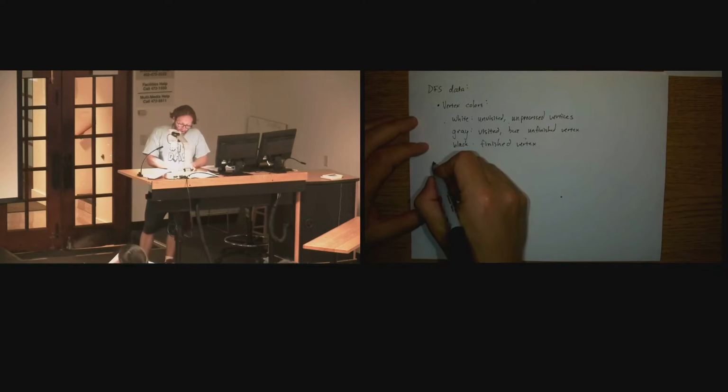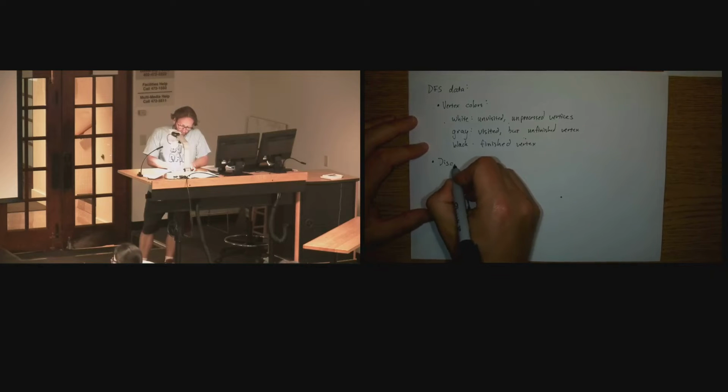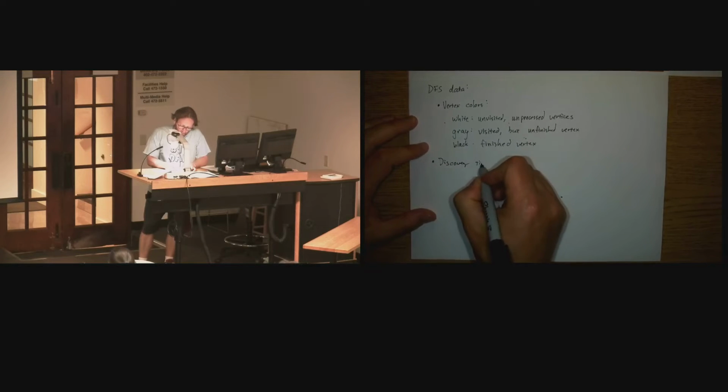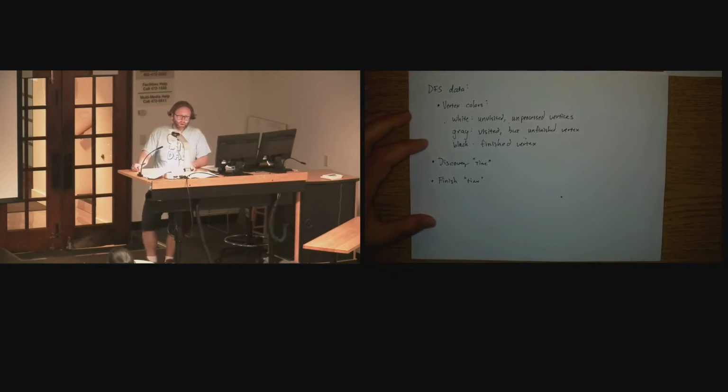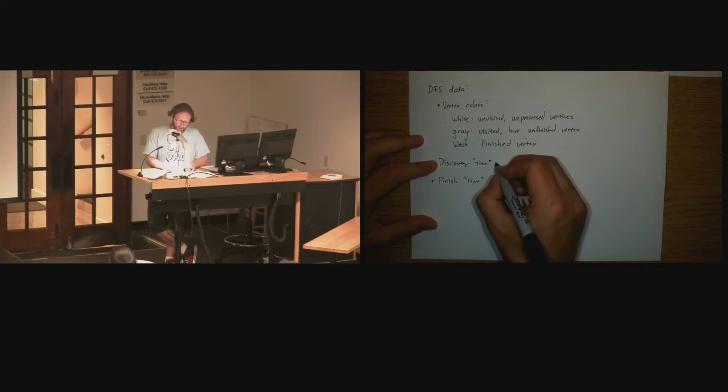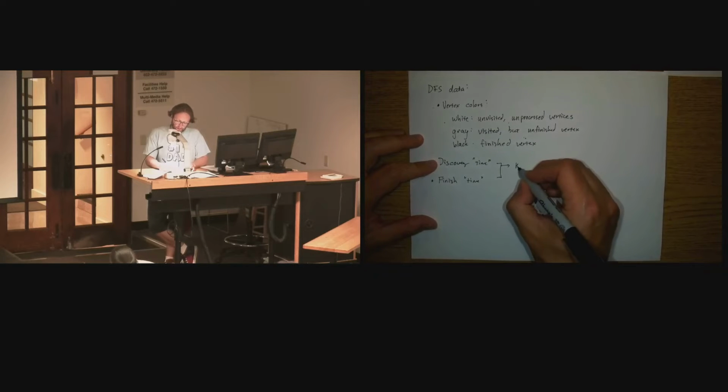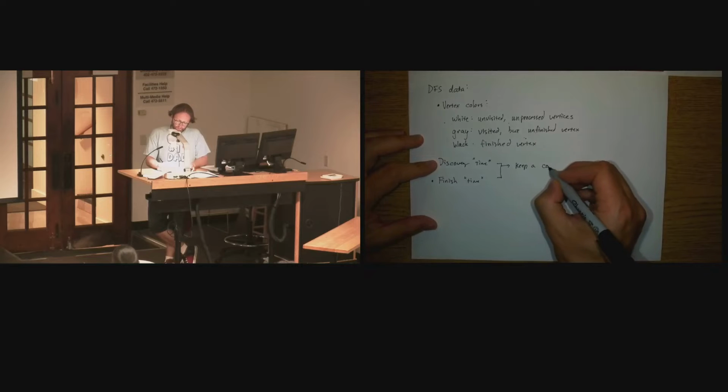Right? We're also going to keep track of some other data here. We're going to keep track of discovery times, and we're going to keep track of finish times. And these will help us later on when we want to do what's called topological ordering. Okay? So a discovery time is simply a timestamp. For both of these, we're just going to keep a counter.